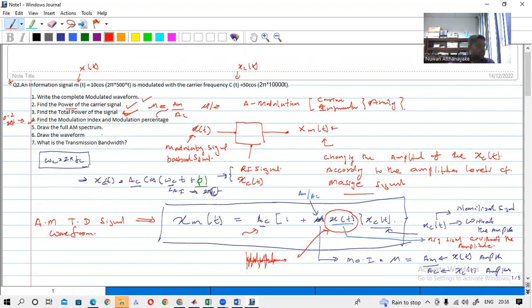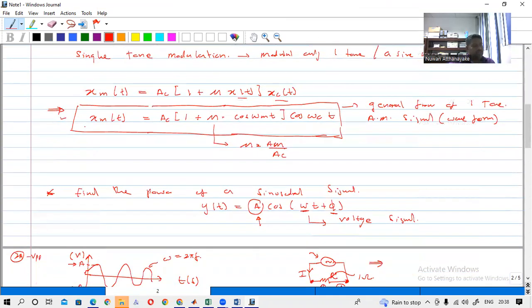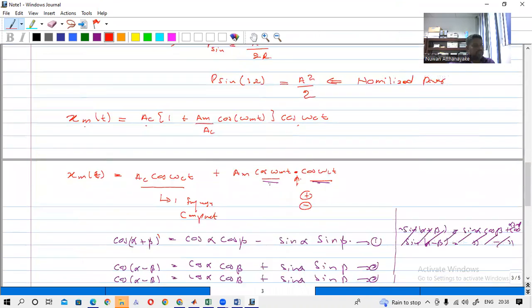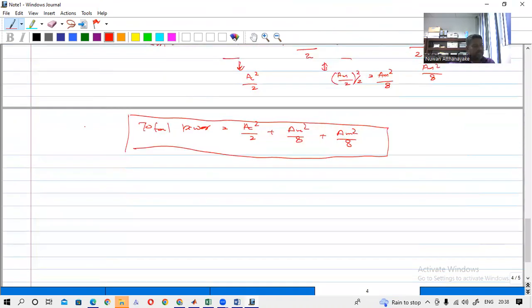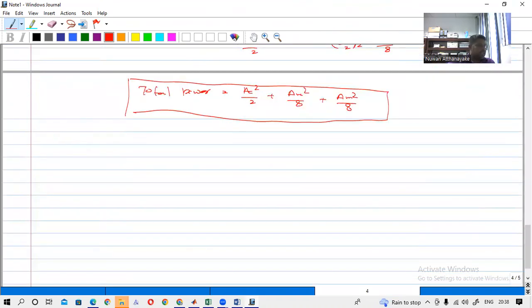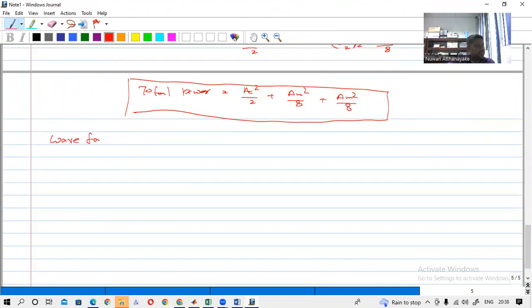Now you are asked to draw the full AM spectrum. I have explained the difference between the waveform and the spectrum. Waveform is the time domain representation of the signal.